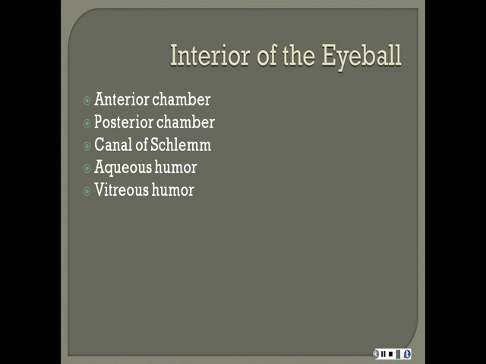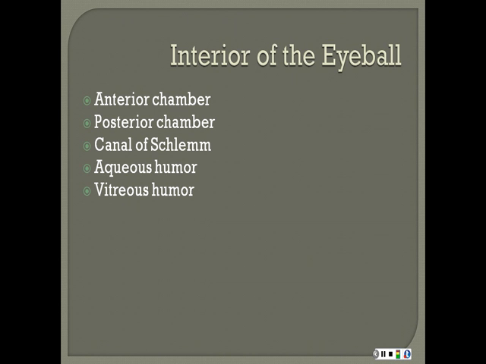So the interior eyeball has the anterior and posterior chambers, the canal of Schlemm. Here's where aqueous humor and vitreous humor are as well. The aqueous humor is a clear, watery fluid that circulates in the anterior and posterior chambers of the eye. The aqueous humor is removed from the anterior chamber through the canal of Schlemm.